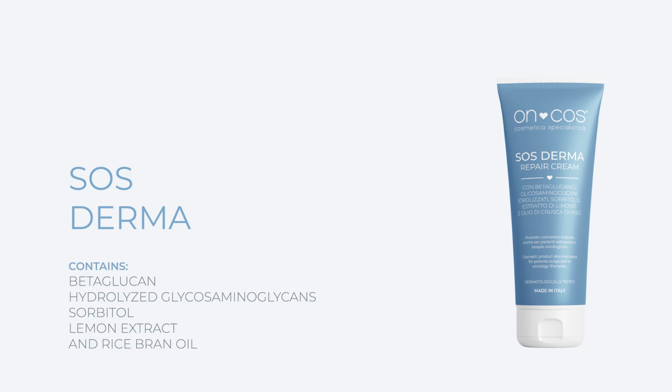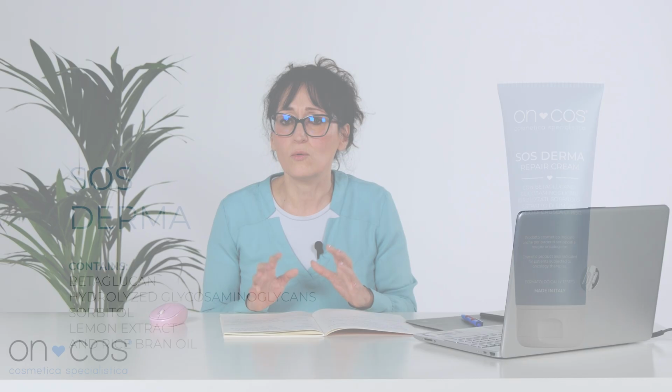However, inside the Neosoma oligo 3D, there are 3 different types of hyaluronic acid with different molecular weights that have an important hydrating action. SOS Derma has not only a soothing effect thanks to the neosomes and beta-glucan, but also performs an important emollient and protective action.